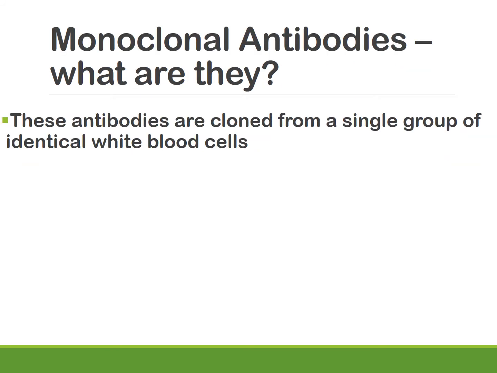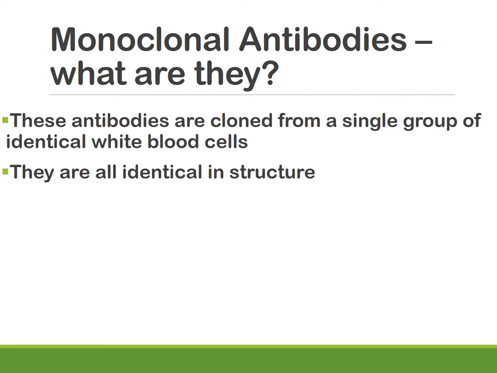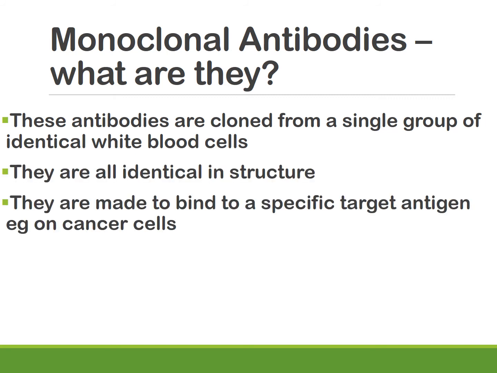So let's talk about monoclonal antibodies. These are antibodies which are cloned from a single group of identical white blood cells. They're all identical in structure and they're made to bind to a specific antigen, e.g. a cancer cell. So let's say I've got a cancer cell, and this cancer cell has specific antigens on its surface to identify it.